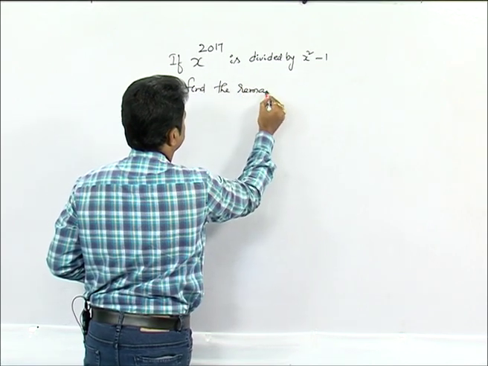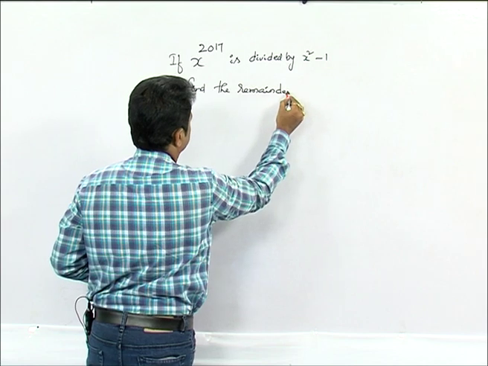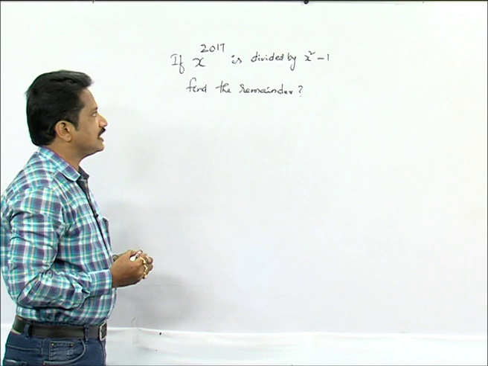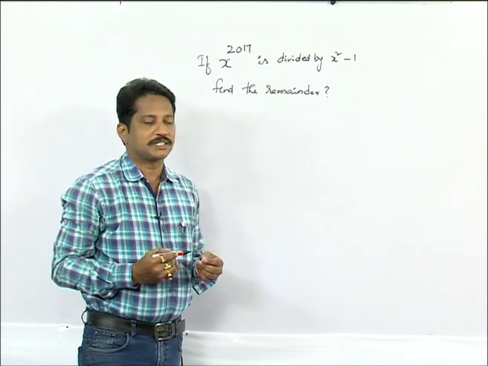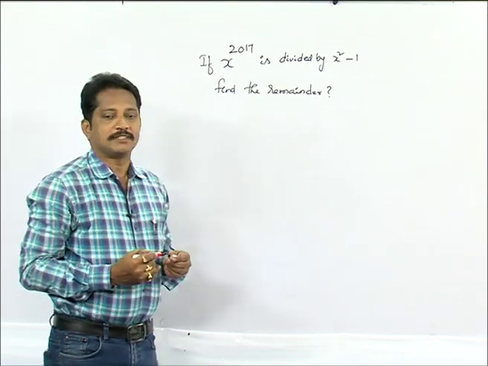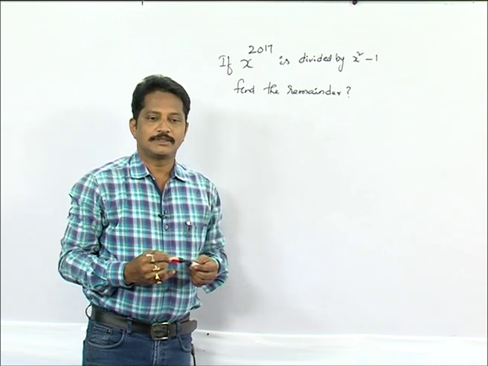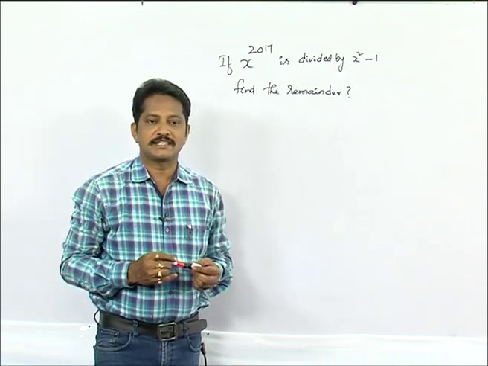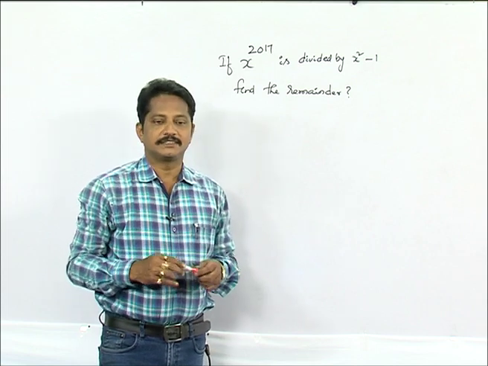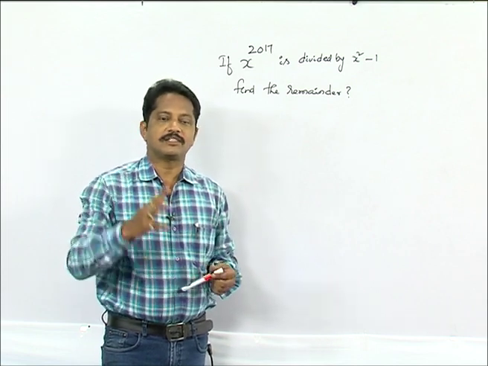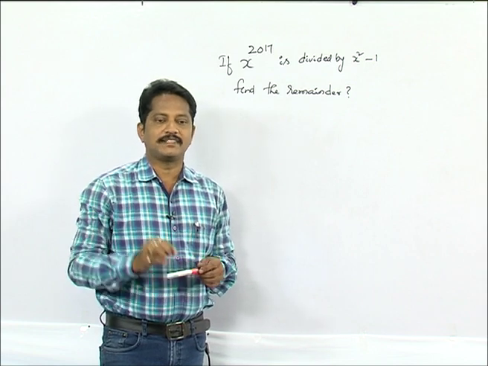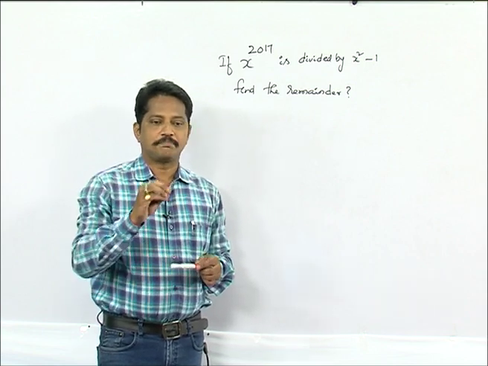This is the question. 99% of the people will answer this question as either 1 or 0. The reason is, in the textbook we gave the information that take p of x as a polynomial.